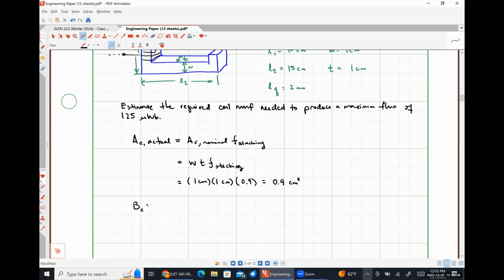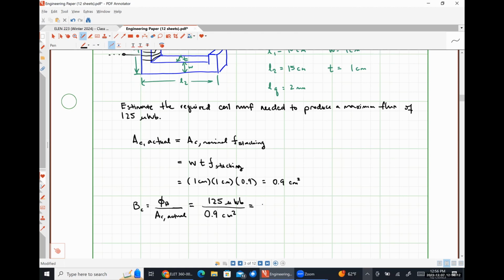So using this information, what is the flux density in the core going to be? That's just going to be our flux divided by our actual core area, right? So 125 microwebers divided by 0.9 centimeters squared.